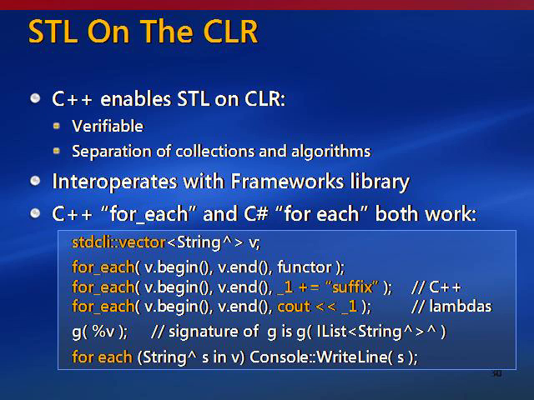But it's verifiable, and it demonstrates key programming practices of C++. I'm splitting the implementation from the actual algorithms that work on it. And so I can make use of all of the actual algorithms that I've written and just use them with this. It's actually a very minimal transition to go from standard STL to STL.NET.